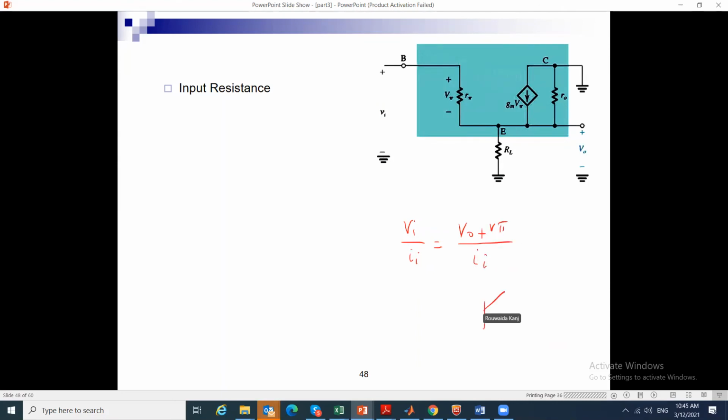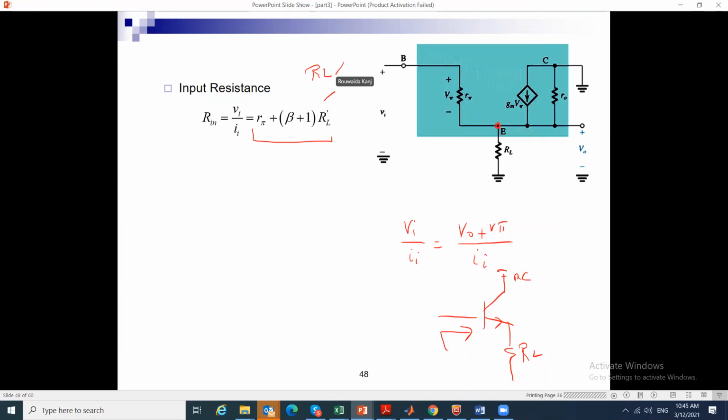Okay, or it can be derived from the equation where I have RL and I'm looking into the base of this with RC equals 0 like we did at the beginning of the class, and it will give me the same equation and it ends up being R pi plus beta plus 1 times RL prime, where RL prime is really the resistance at the emitter parallel to RO. يعني it's easier, for me at least, I think it is easier for you to start to use the resistor sheets to derive those quantities.